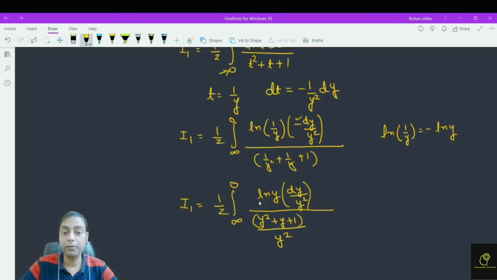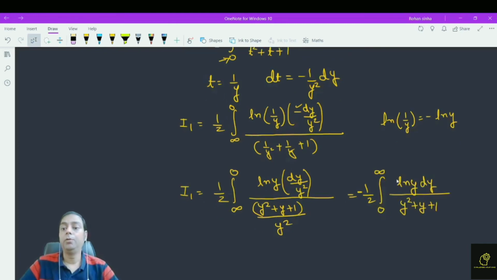If you calculate this further, we find 1 by 2, replacing the lower limit and upper limit, 0 to infinity, log y dy divided by y squared plus y plus 1.